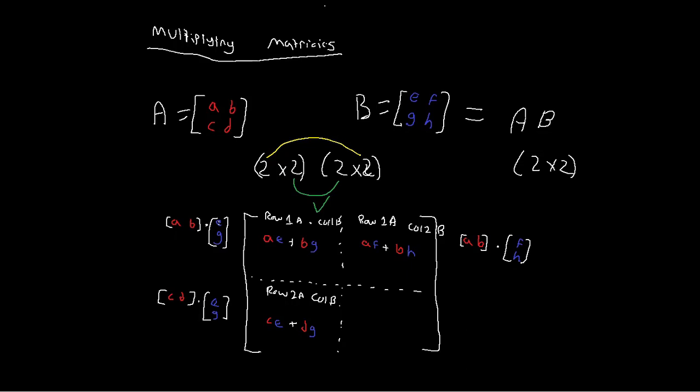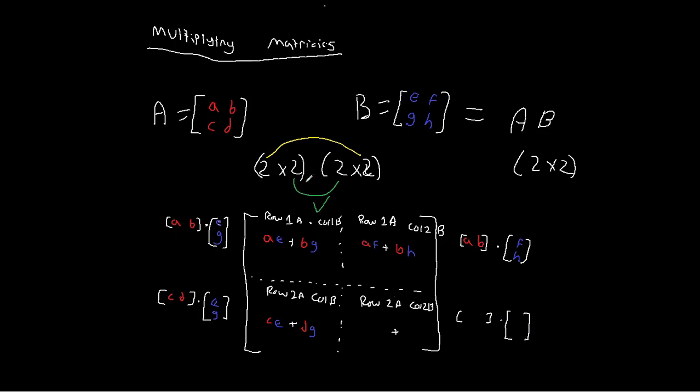And then finally, over here, this is going to be what's left. Row 2 of A, because we're in the second row, times column 2 of B, because we're in the second column. So what is this going to look like? Again, we're going to have a row vector times a column vector.